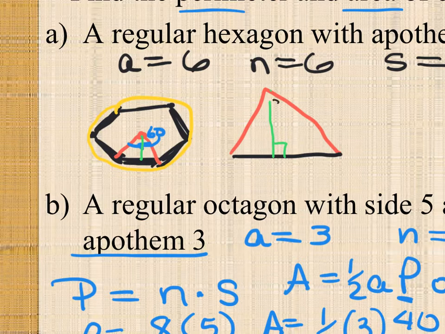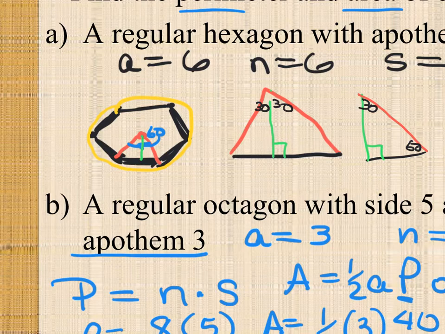My apothem bisects that central angle and makes it 30 and 30. So now I'm going to work with just part of this. Up here is 30. Down here will be 60. And over here I have the right angle.